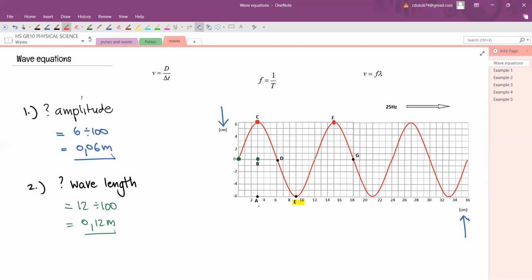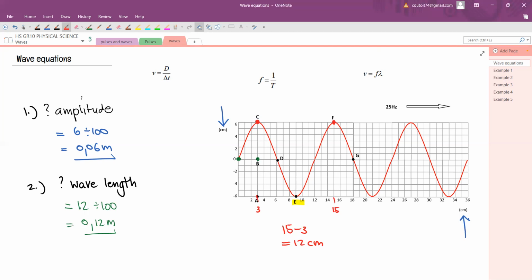That distance starts at 3 here, and it's 15 there. Can you see that? Yes. So that's a distance from C to F, which is 2 crowns. You can also calculate that. That is 15 minus 3, so that is 12 centimeters. And that gives me the same answer as 0.12 meters.